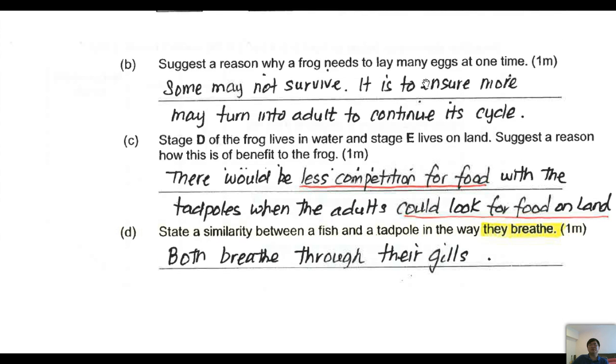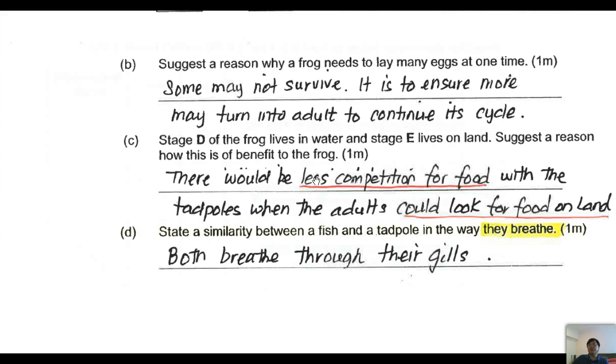It means what's so good about the frog being able to leave the water and go onto the land and stay. One of the better reasons, probably the best reason, is that if the parents leave that area, they will not compete for food with the young, right? The young could be eating certain things similar to the adult frog.